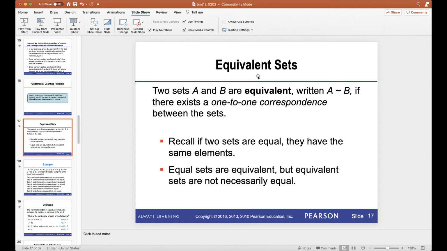If they're equivalent, they don't have to have the same elements. They just have the same amount. They have a one-to-one correspondence. Okay?